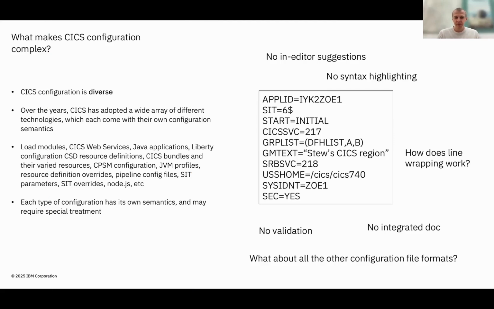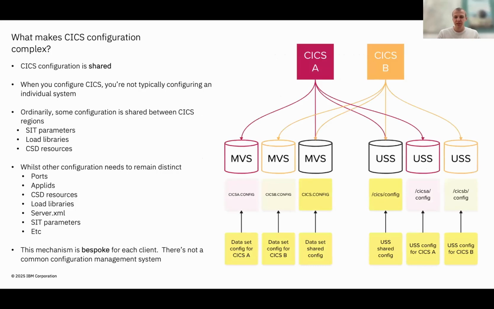And on top of this, if this wasn't complicated enough with all these different parts that we've got to understand in the semantics, most of the time this configuration is shared between multiple regions. When you're configuring CICS, you're not typically doing one individual system, you're going to be doing multiple systems. Your CSD may be shared between all these systems, your SIP parameters may be shared between all these systems, a JVM profile could be shared between all of these systems.